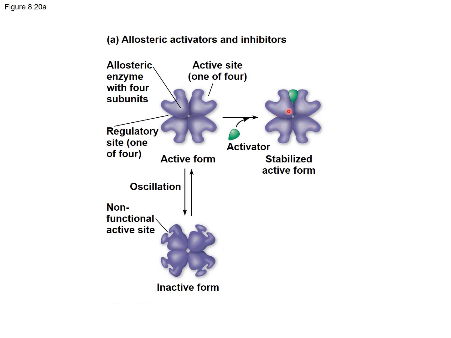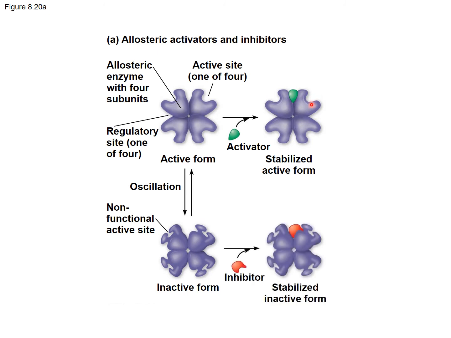It keeps the active form active until the activator is not present anymore. This could be produced by the cell, or it could be introduced as a pharmaceutical of some sort. So now the enzyme is doing its thing. It keeps the active site open so that its natural substrate can bind.